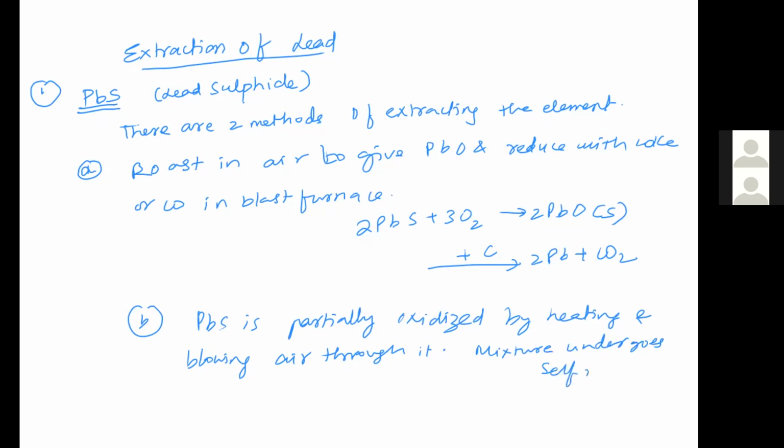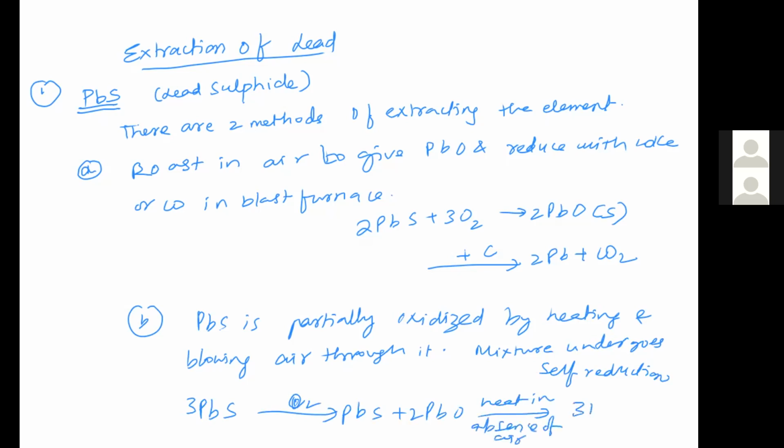The other is self-reduction, where O2 is air. These are the two methods of extracting the metal.